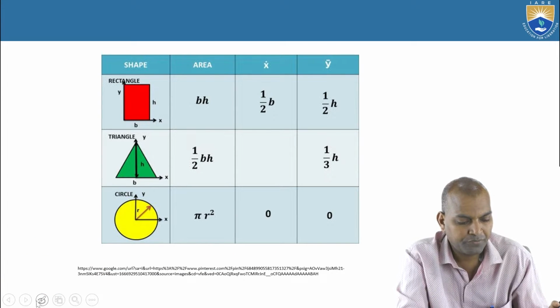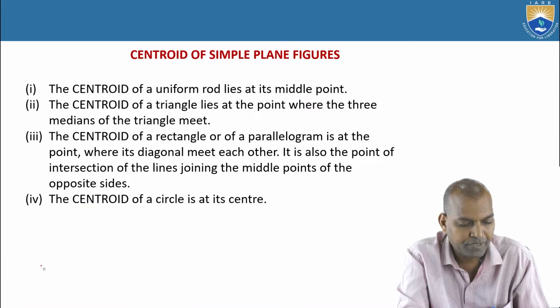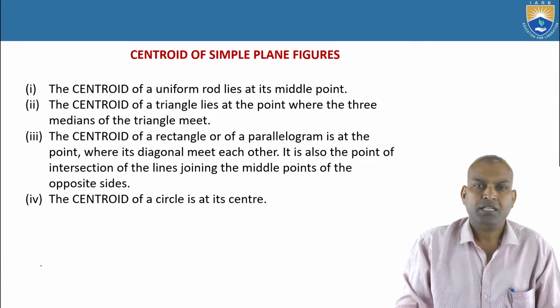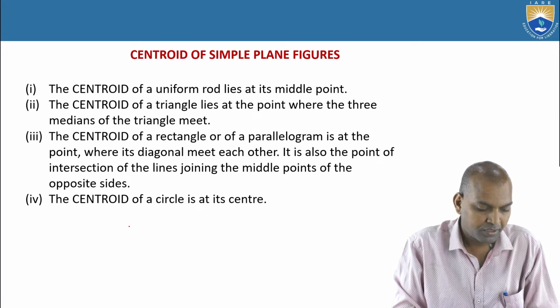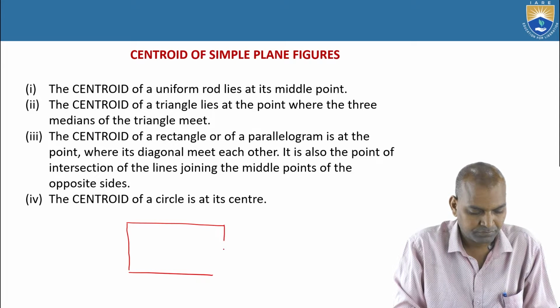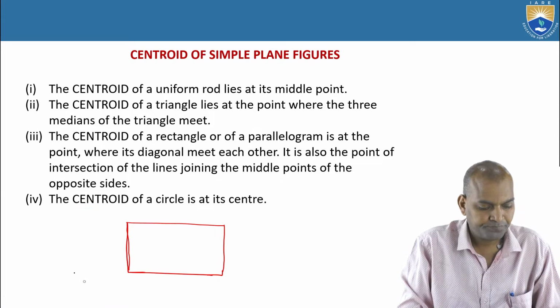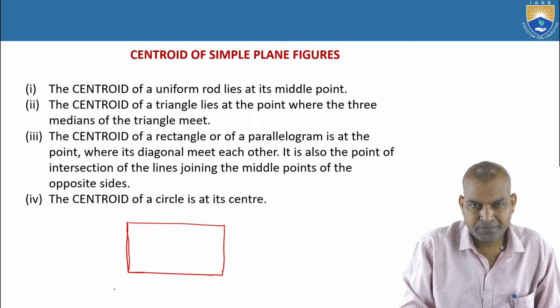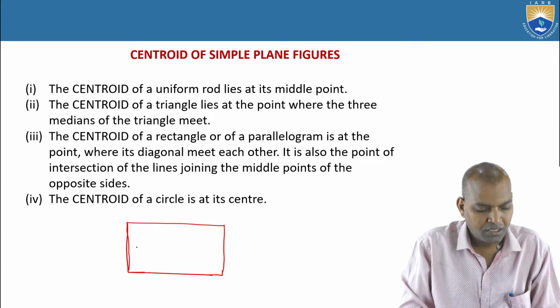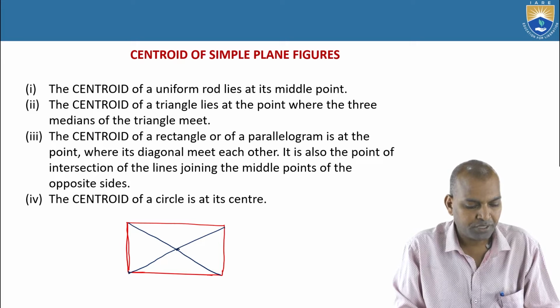If we draw a rectangle or parallelogram, there are two methods mentioned. Now if you join the two diagonals, this is the point of the centroid.